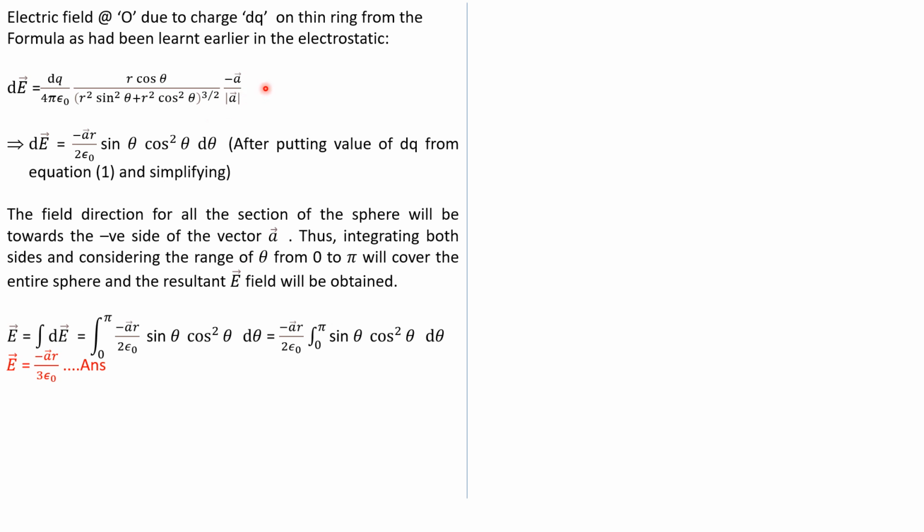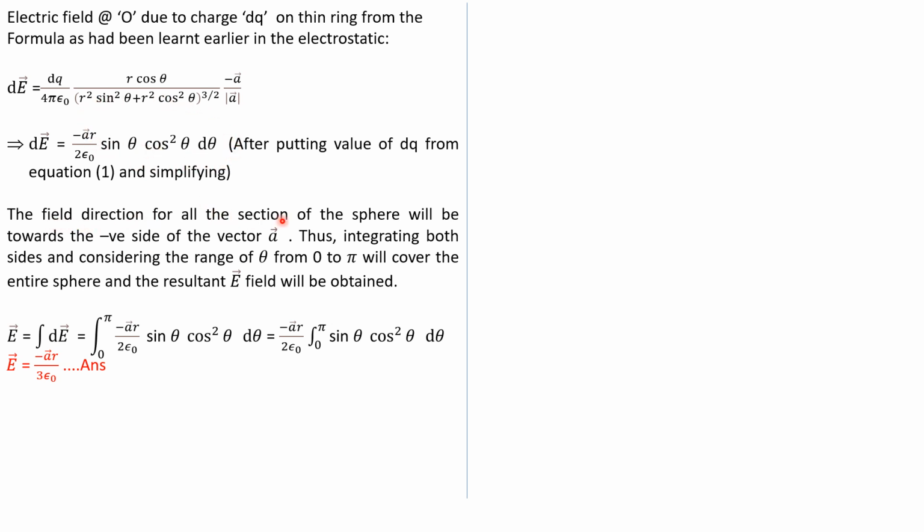For the direction, since it is opposite to the A vector, we take a cap, the unit vector in that direction. To make the unit vector, A is taken with a negative sign and divided by its magnitude. So this is the unit vector in the negative direction of A. We reach this expression after putting the value of dq from equation 1.